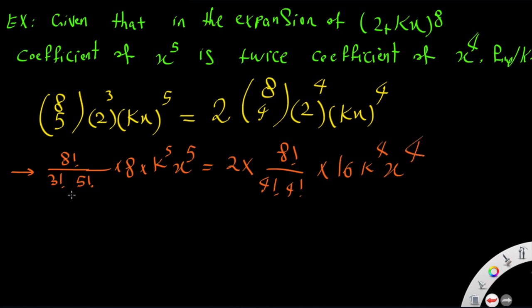Now with 8 factorial and 5 factorial, you can cut out after 5 factorial, so it would be 8 times 7 times 6 over 3 factorial, which is 3 times 2 times 1, which is 6.